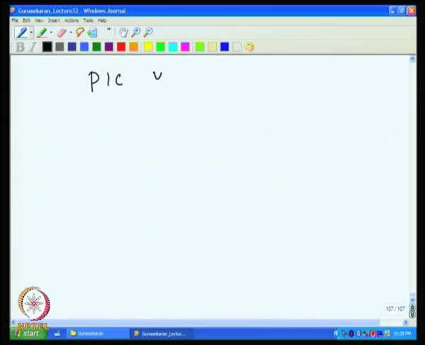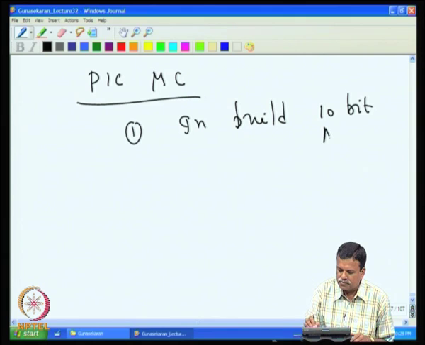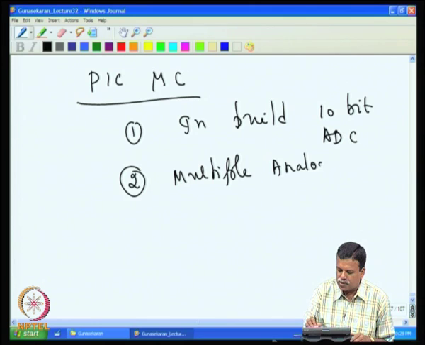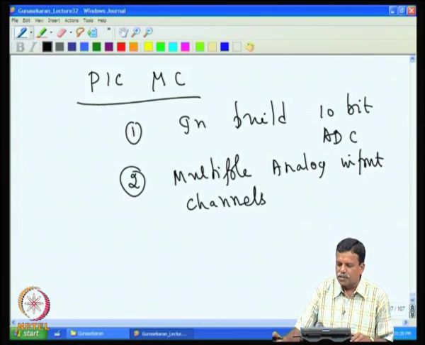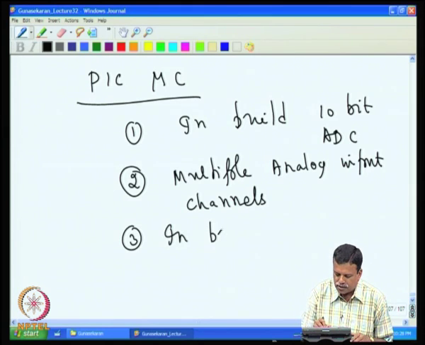It has an inbuilt 10-bit ADC with multiple analog input channels, and it also has an inbuilt sample and hold amplifier.